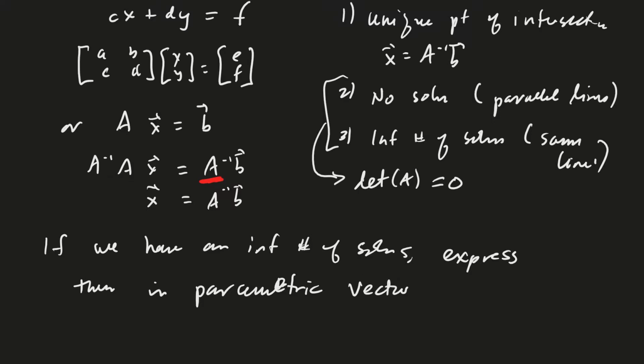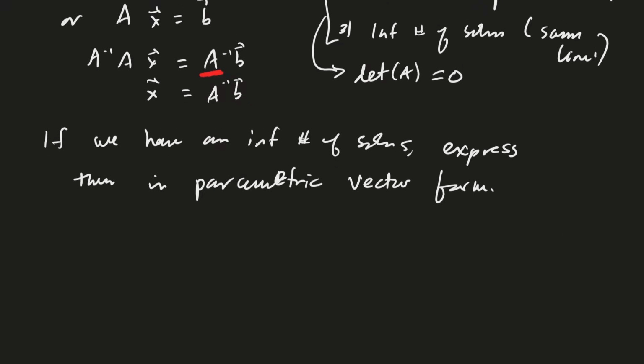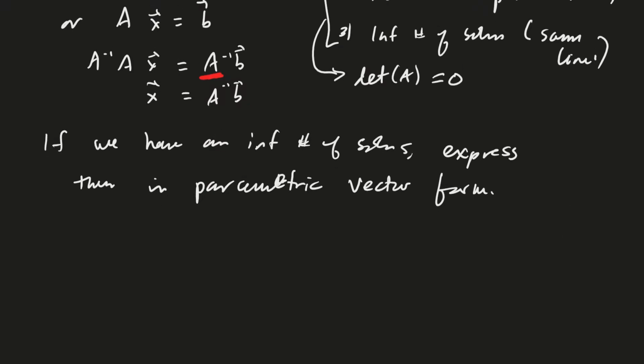Sorry about my handwriting, I'm trying to go real fast, parametric vector form. And so how do you write a line? Write the line, how shall I express the line? How about ax plus by equals e? I'll just write the first line in parametric form.